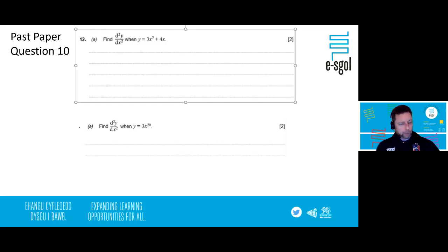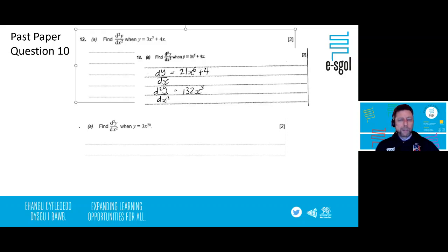Okay, first of all, here's my answers to the 12A one on the top. There is a calculator paper, but I'm sure most people will be able to do 21 times 6 in their head, but you have so much time on these papers, take your time and get them right. Just remind you, differential of 4 disappears. So if you want to know, I had 1 mark for that, and I had 1 mark for that.